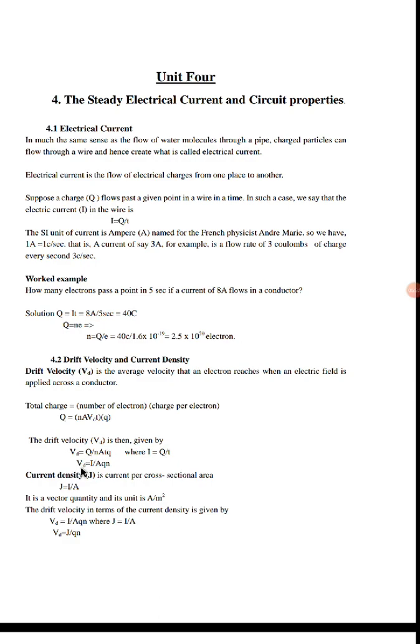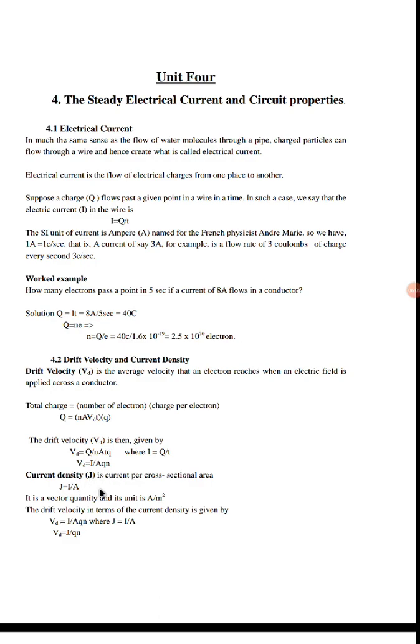The drift velocity Vd equals I over A, where A is the cross-section, q is the amount of charge, N is the number of electrons, and I is the current. So the formula of the drift velocity is Vd equals I over A q N.